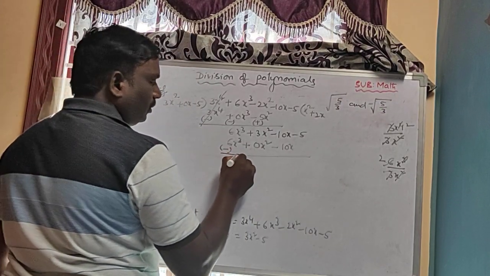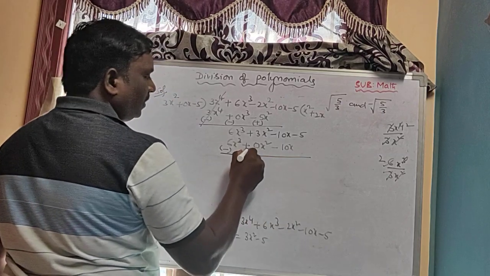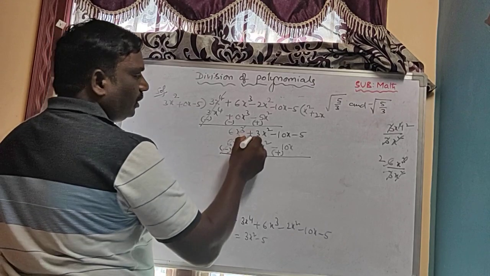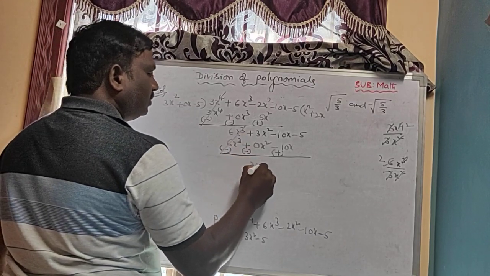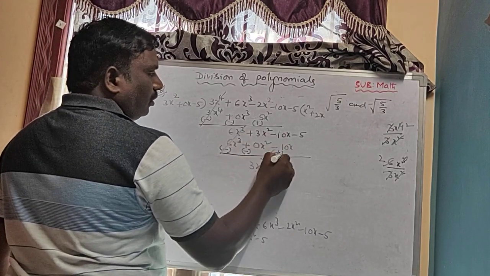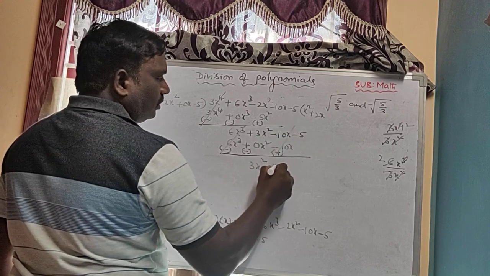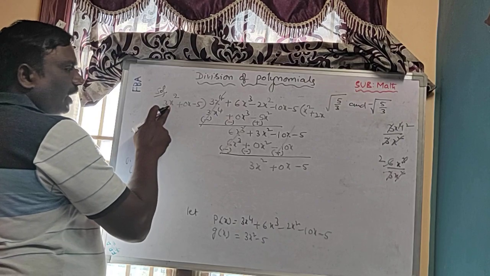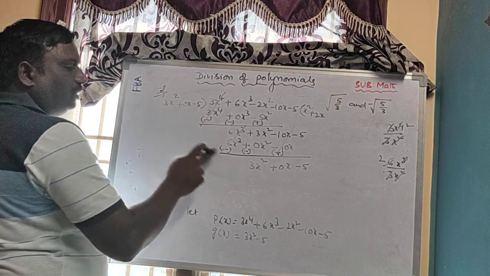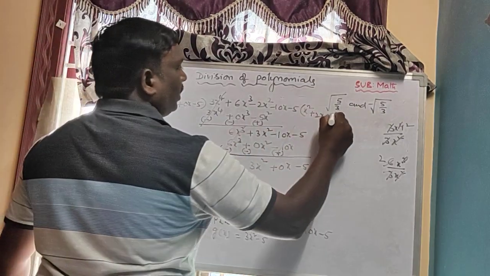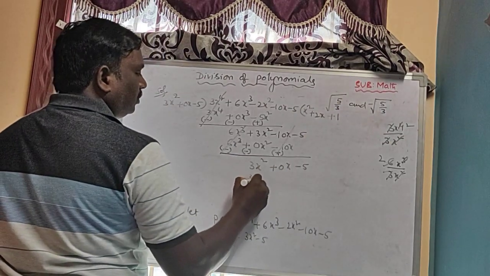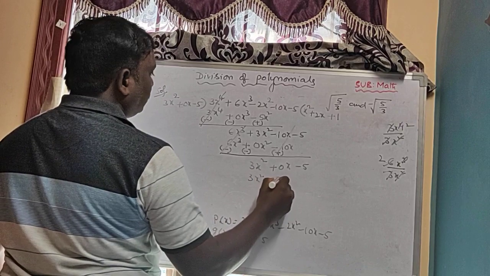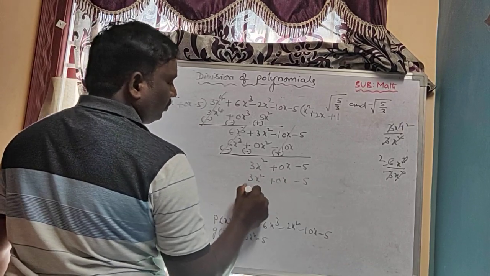Change the symbols. These two cancel. 3 minus 0 is 3x square. Minus 10 plus 10 cancels, leaving 0x minus 5. 3x square by 3x square is 1, so plus 1. Multiply: 3x square plus 0x minus 5.